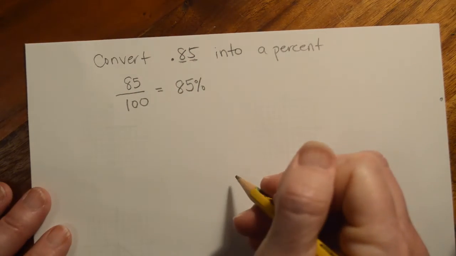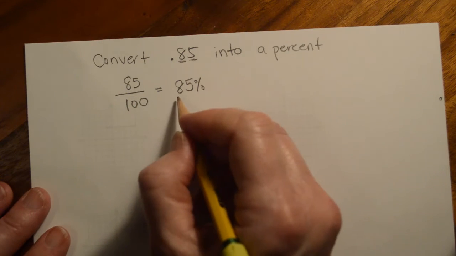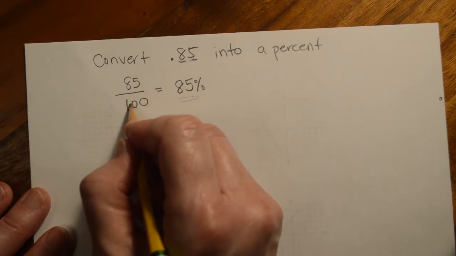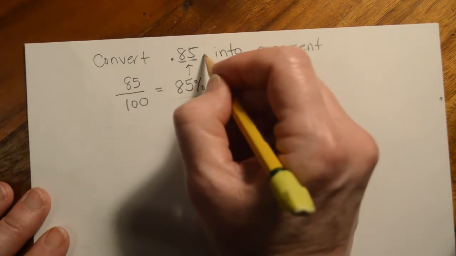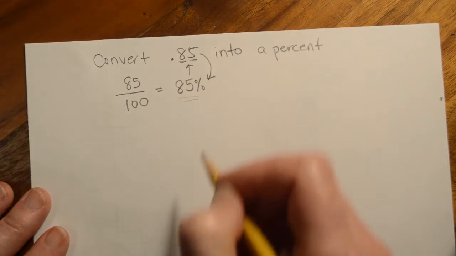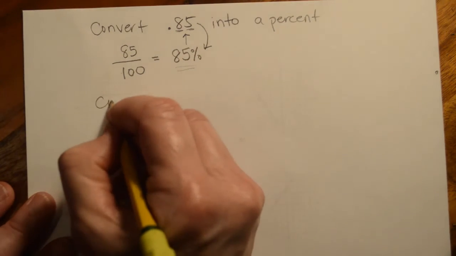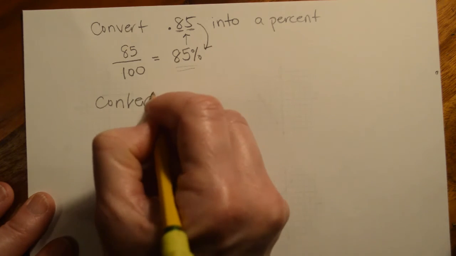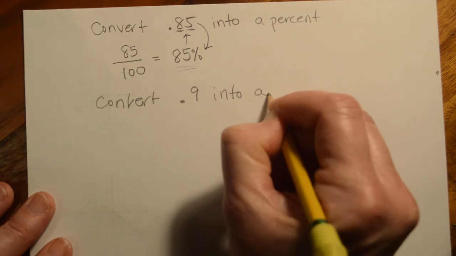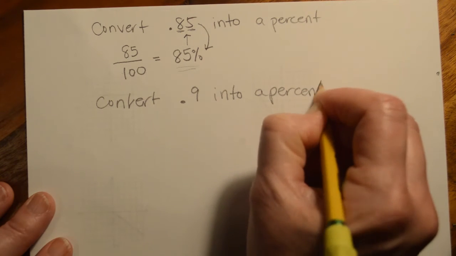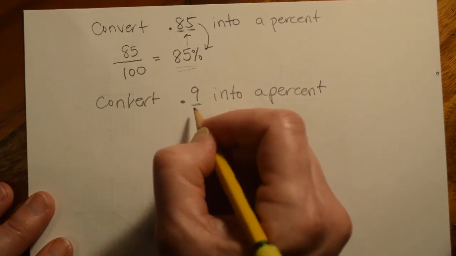It's just going the opposite from what we were talking about a second ago. Before, you knew the percent, and I asked you to write it as a decimal, all right? And now it's just going in the reverse. So if you know the decimal, how do you write it as a percent? They could also say convert 0.9 into a percent. Right, and again, if you have 0.9, that means 9 dimes.